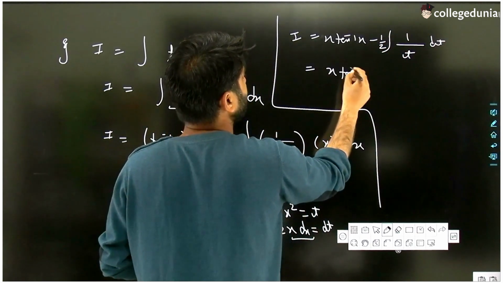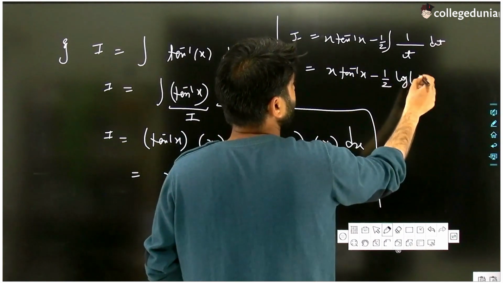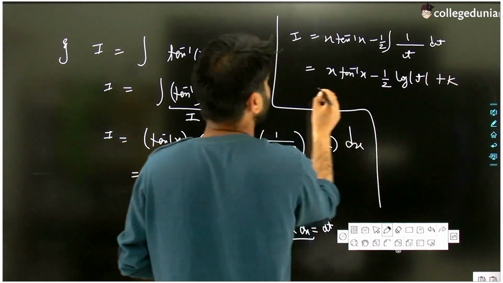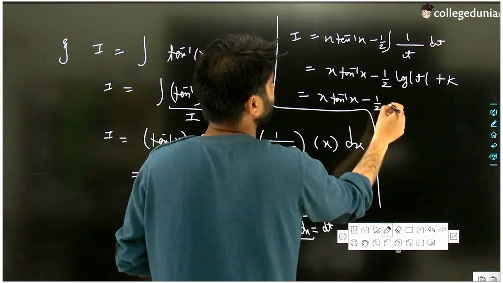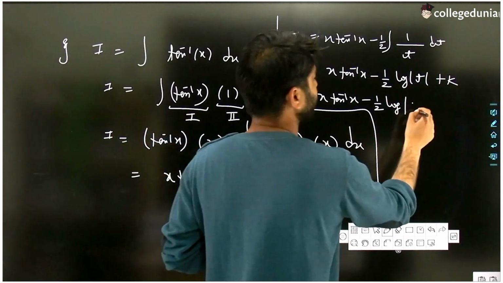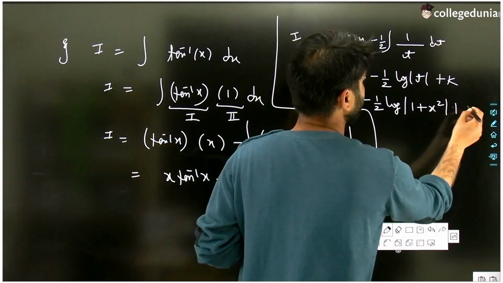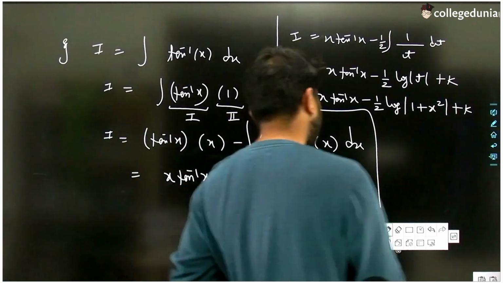So x tan inverse x minus 1 upon 2, and the integration of 1 upon t is log t plus k. So x tan inverse x minus 1 upon 2 log, and the value of t is 1 plus x square, plus k. Okay, so guys, this is by parts rule.